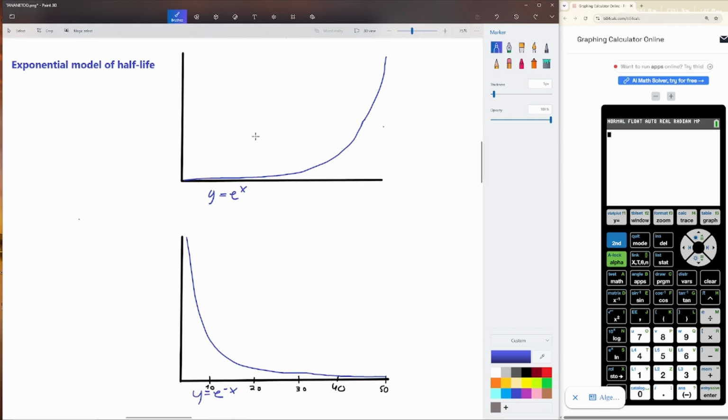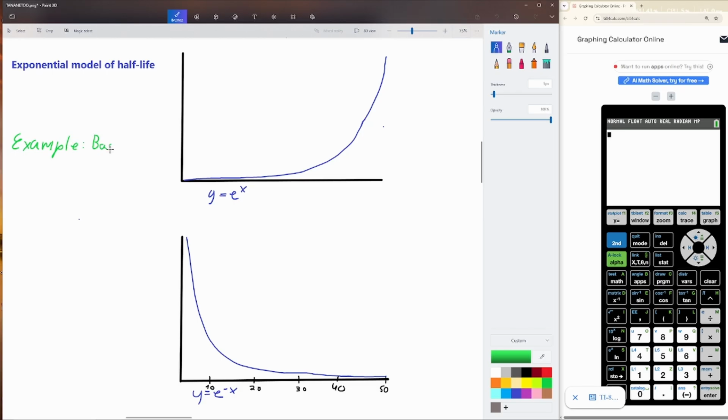So the exponential model of half-life is the first one that you have. You might be wondering, what is this? Well, essentially an exponential model could be if something is going exponentially up. An example of this could be bacteria.